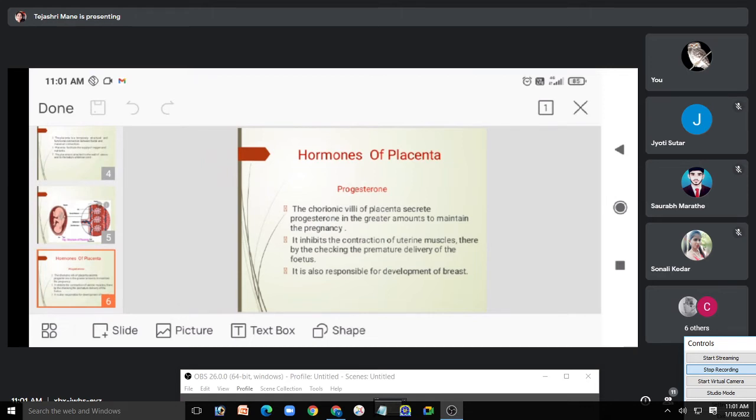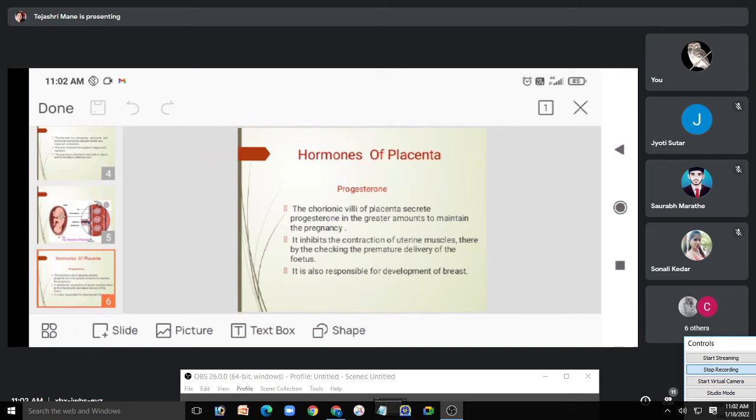It is also responsible for development of breast and onset of lactation. It maintains the pregnancy. Corpus luteum secretes the progesterone. Initially, for 8 to 10 weeks the corpus luteum secretes the progesterone. A property of progesterone is that it is a smooth muscle relaxant that relaxes the uterus.